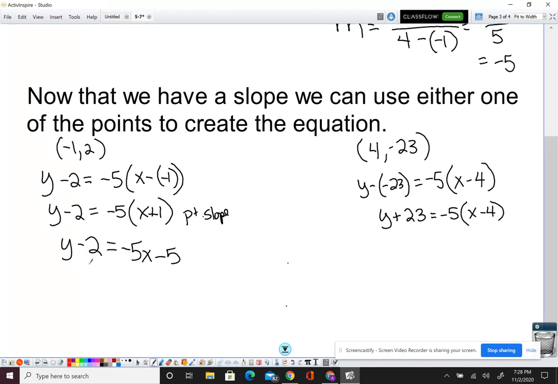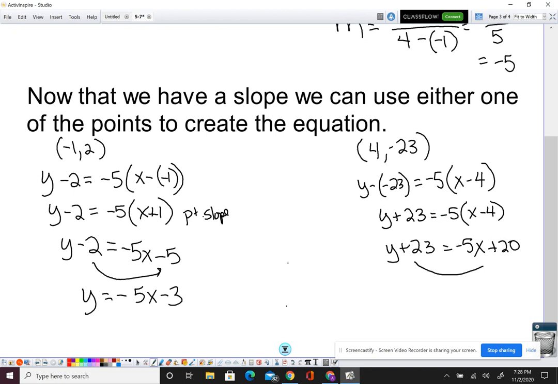Now I'm going to add 2 to both sides, or move that 2 over, and it's going to become positive: y equals -5x minus 3. Same thing over here, distribute out the -5, and we get -5x plus 20, because the two negatives make a positive. We move the positive 23 over to that side, it becomes negative. So we have 20 minus 23, which is -3.